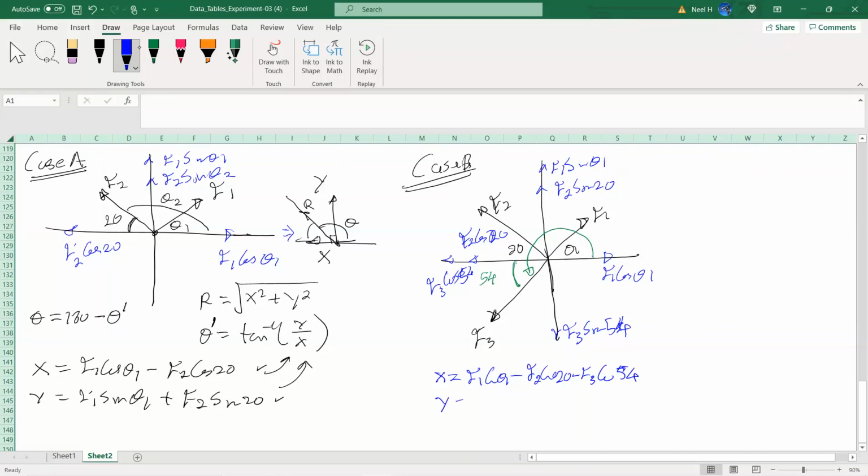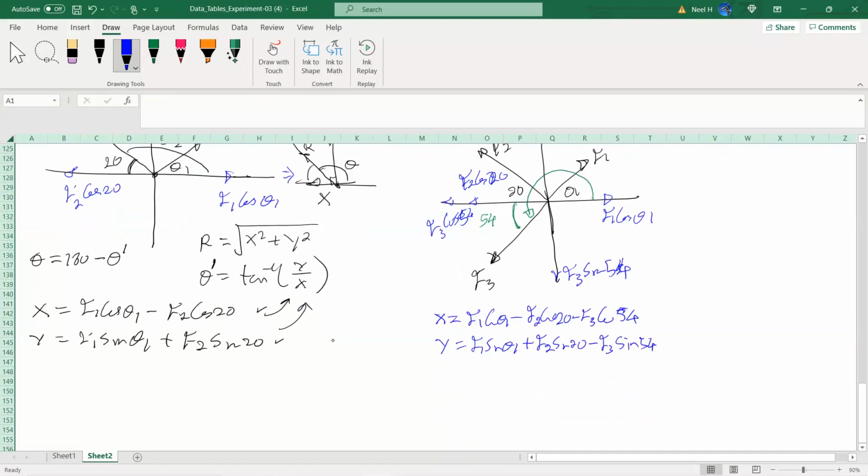Then for y, F1 sine theta 1 positive direction, F2 sine 20 positive, and negative direction F3 sine 54. Then we find all of those, and put them into the Pythagoras result again. R is equal to the square root of x squared plus y squared. And then theta is equal to tan inverse. That's it. It's exactly the same technique.